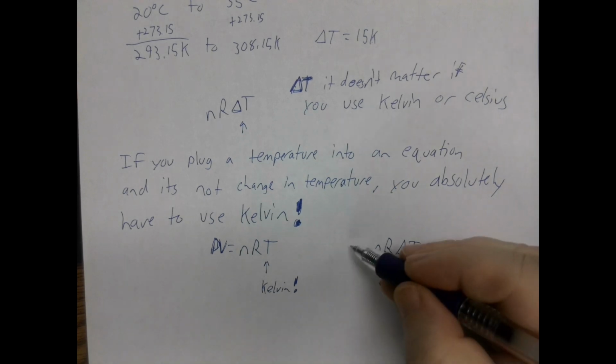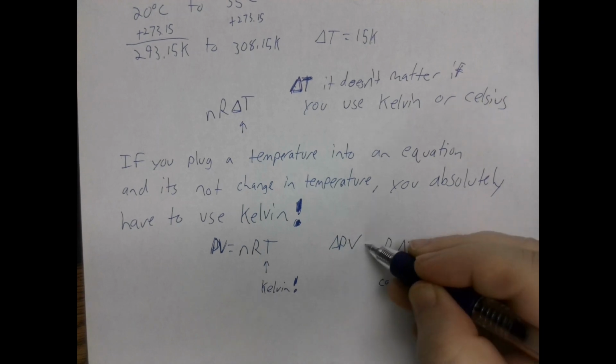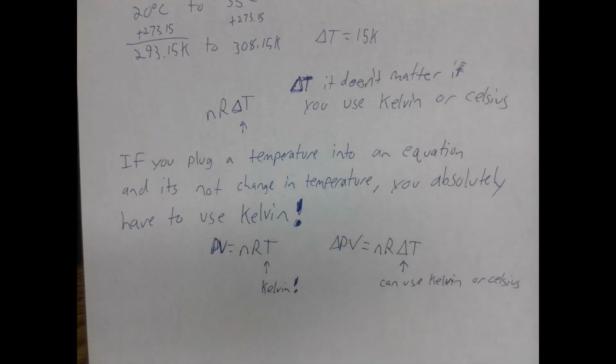But if you have, for example, change in pressure times volume is equal to nR change in temperature, a small bit, so a change in temperature will cause a change in pressure. Here we no longer need to worry about Kelvin. We can also use Celsius.